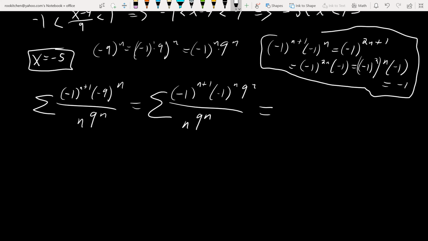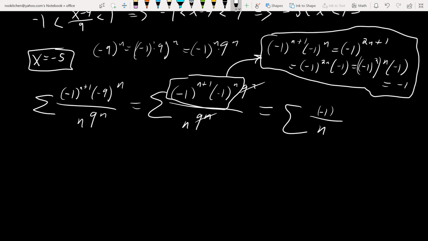Okay, so the 9's cancel, and this part of it is just negative 1, and then all over n. And what the heck is that? Well, that's just a constant multiple of the divergent harmonic series, which is also divergent.